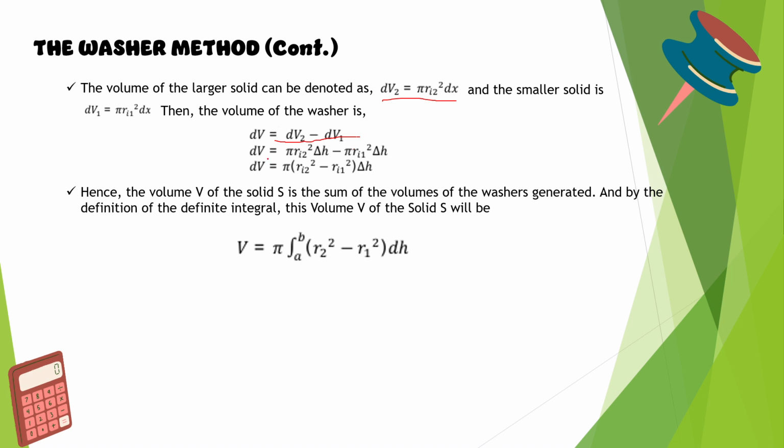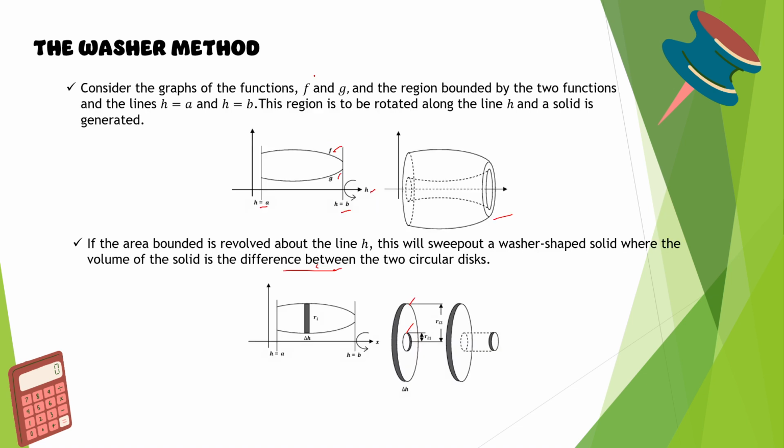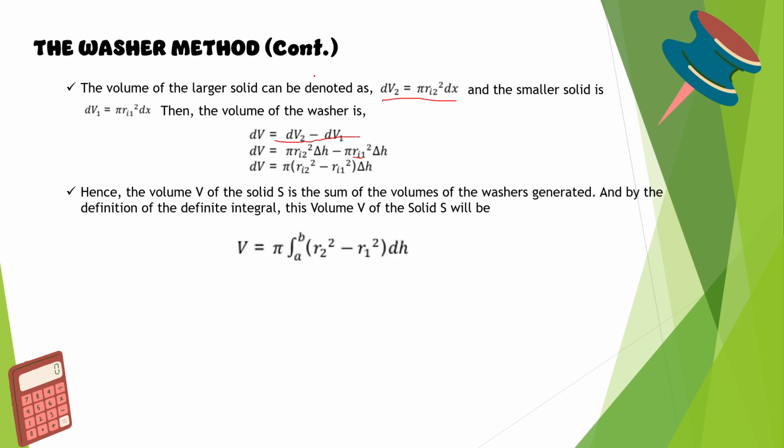So dV, the derivative of the volume of the washer using the washer method, is equal to pi r2 squared dh minus pi r1 squared dx. This is the difference between the two circular discs.